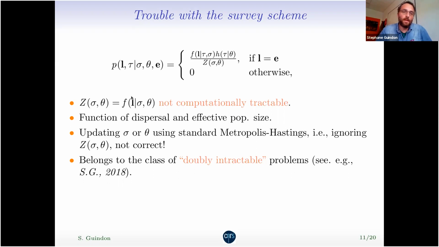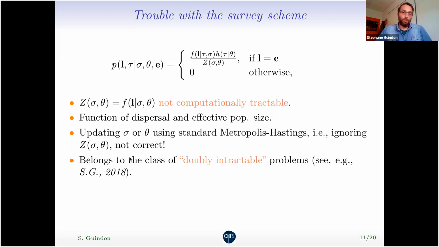Basically, this normalizing term means we need to sum over all possible genealogies and integrate over all possible node ages and internal node locations, so that what we observe at the tips is compatible with what we've sampled. And the point here is that we can't calculate the value of Z directly. We don't have a closed form formula for that, all right?